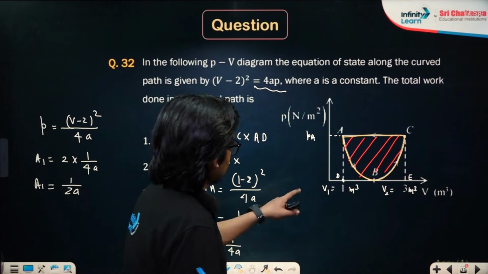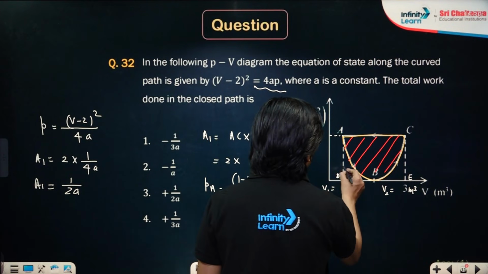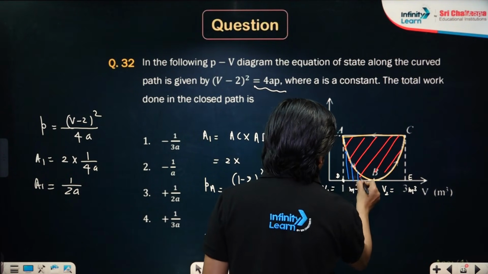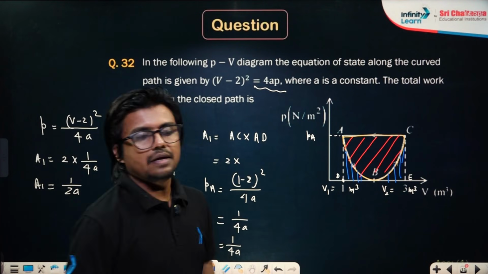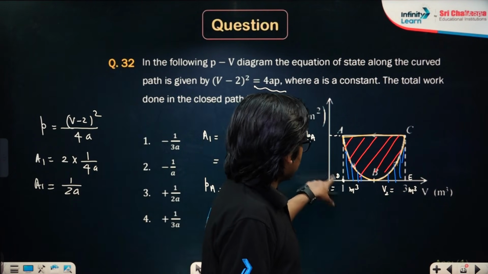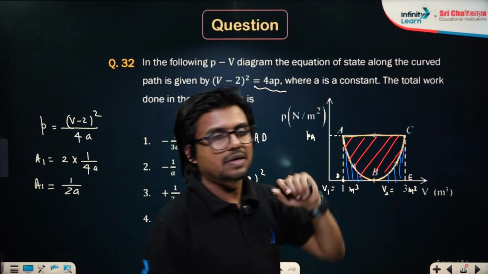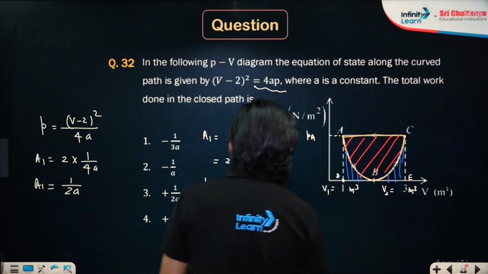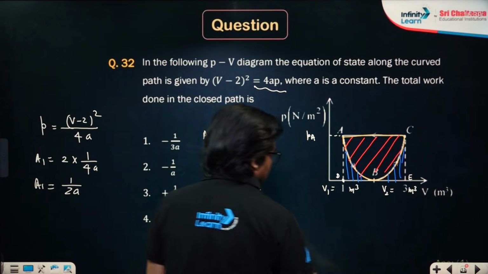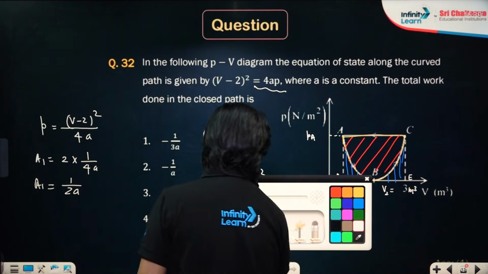If you calculate now this area here, suppose you calculate this one, what do you need to do? This is the area under the curve for a parabola. Equation is this, (V minus 2) whole square. So what I can do, let me write here itself.